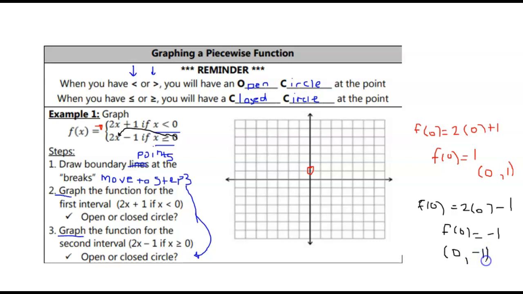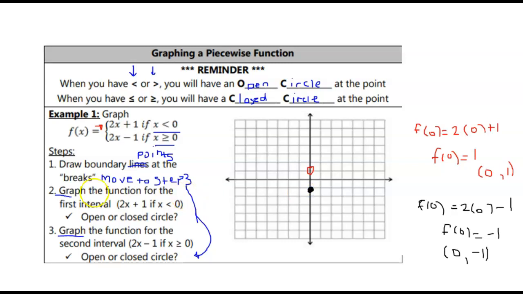Now I'm going to go ahead and plot that point on the graph, and I'm looking, because this value was greater than or equal to 0, I need to now put a closed circle instead of an open circle. So I go to 0, negative 1, and this time I'm putting a closed circle on that graph.